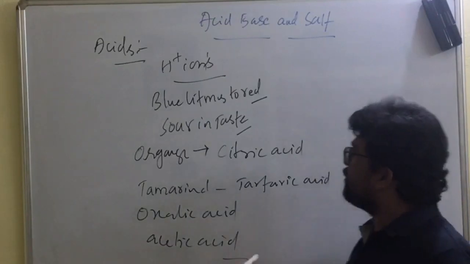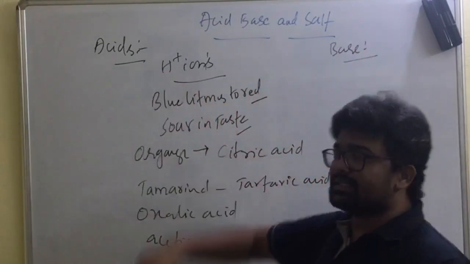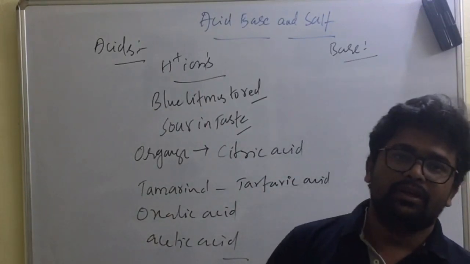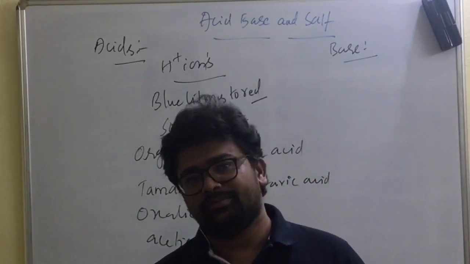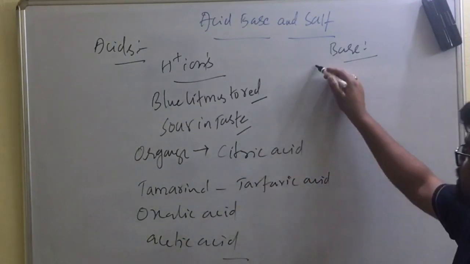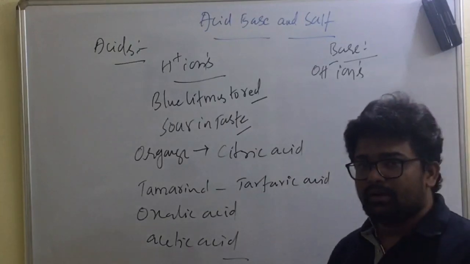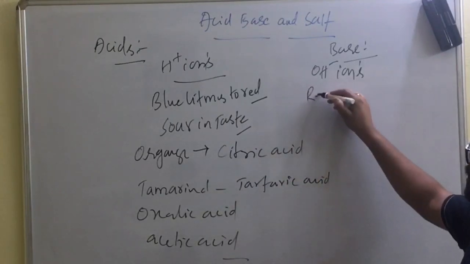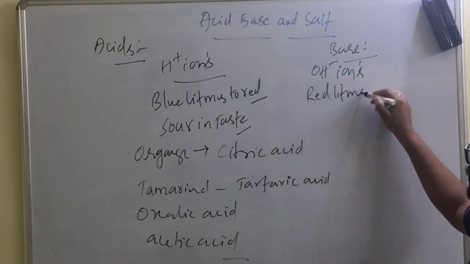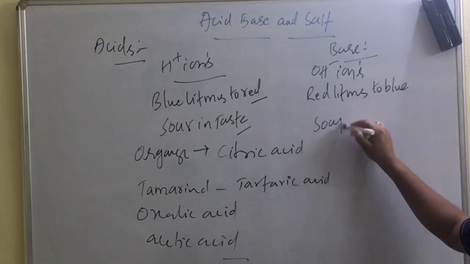In the same way, what are bases then? We said acids contain H plus ions and convert blue litmus to red. Now what are bases? Bases contain OH minus ions and they convert red litmus to blue, and they are soapy to touch.